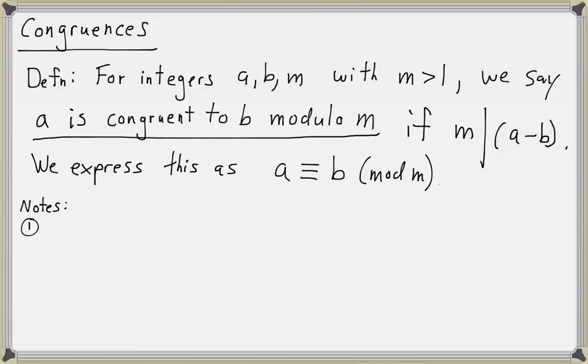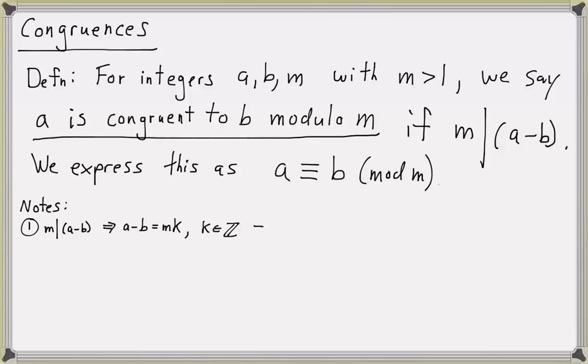So if m divides a minus b, that's the definition of a is congruent to b, then I can write a minus b as m times an integer k.